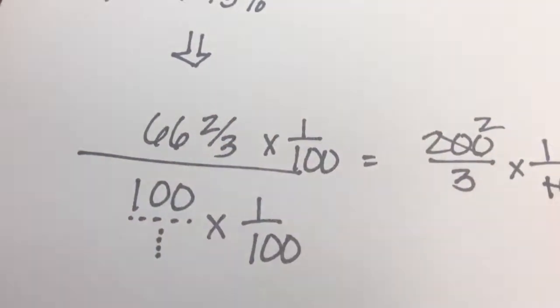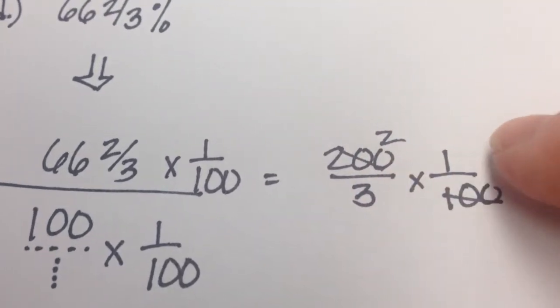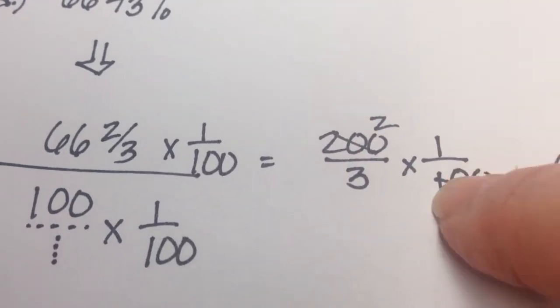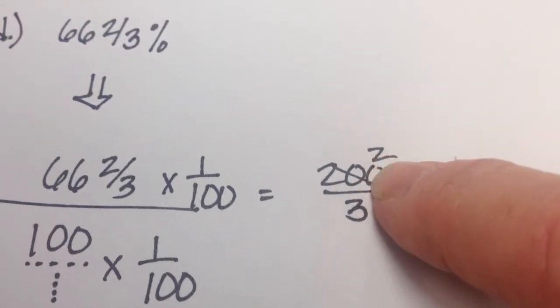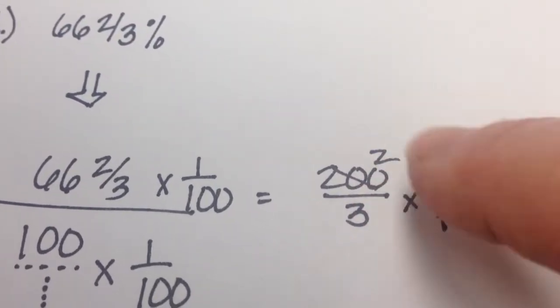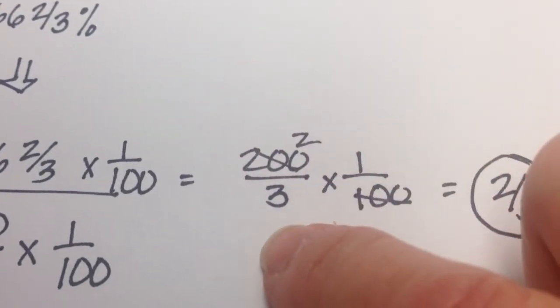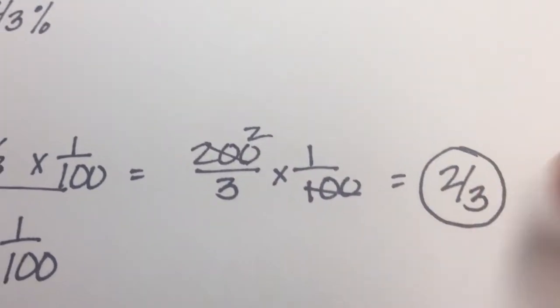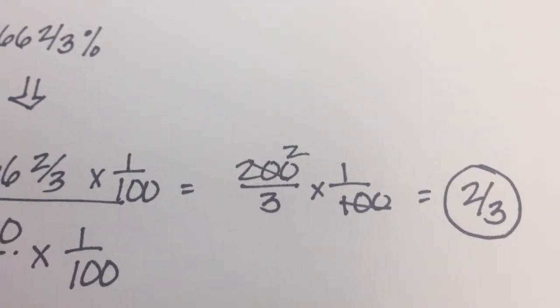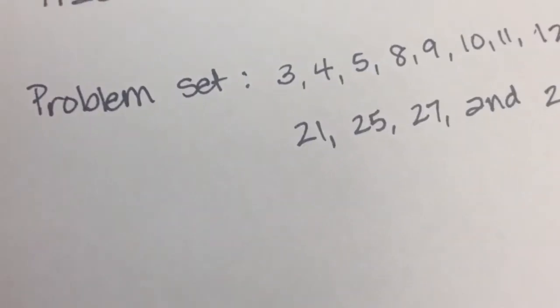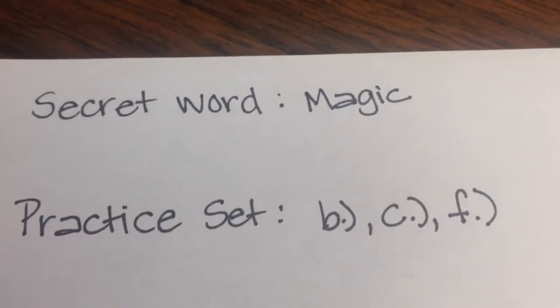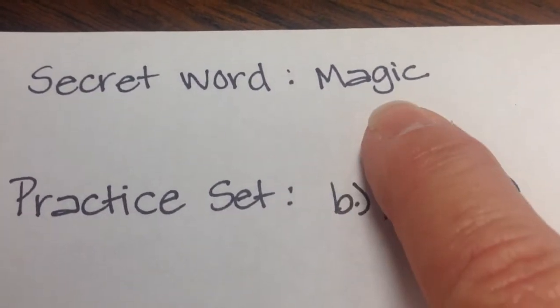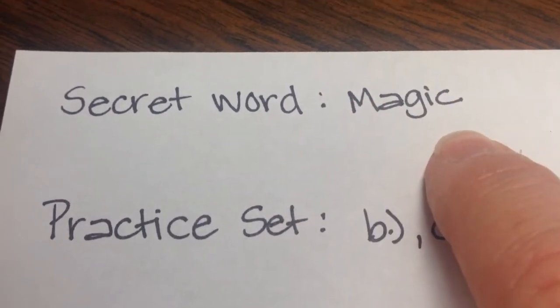Make this improper, turns into 200 over 3 times 1 over 100. Well, 100 can go in itself once. 100 can go into 200 2 times. So I have 2 times 1, which is 2, 3 times 1, which is 3, so it's 2/3. Not too difficult, right? Just take it step by step. It's almost like magic, which is the secret word, magic.